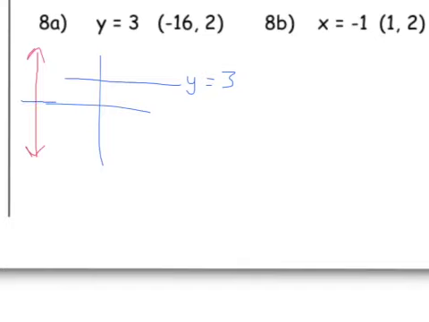Well, it's crossing at -16. And since it's one of those special cases, we're going to write the equation for this line as x equals -16.